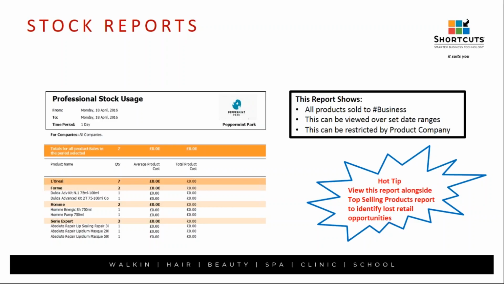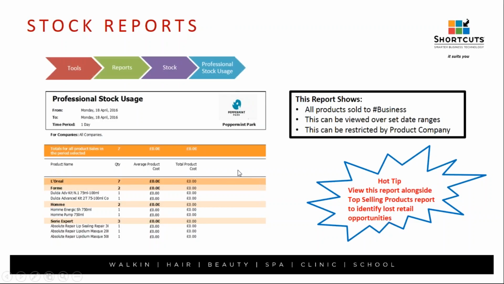Now it's important, in order to show the average product cost, that you do have the buy price within your system. A hot tip is to view this report alongside top selling products report to identify lost retail opportunity. Again, if we go to Tools, Reports, Stock and Professional Stock Usage, you will find this report in here.